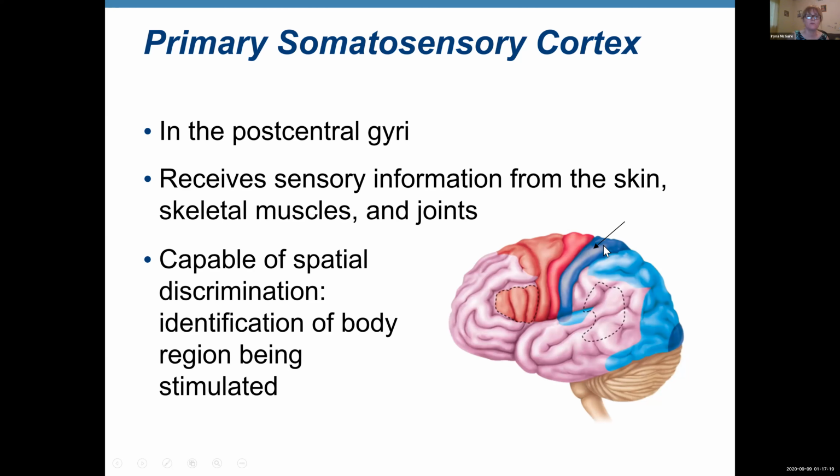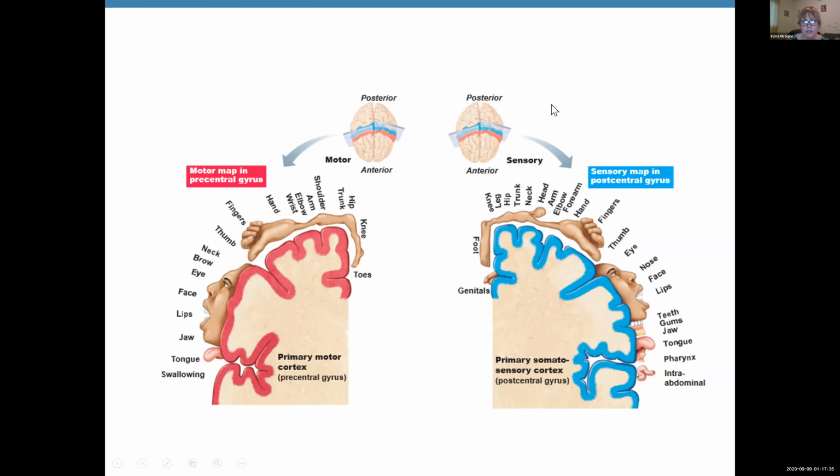It's capable of spatial discrimination, so identification of the body region being stimulated. You know exactly if somebody is touching your arm or leg or head, you're not confused. And we also have a homunculus for the sensory cortex as well.